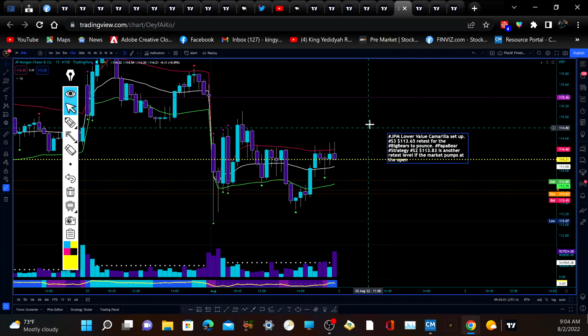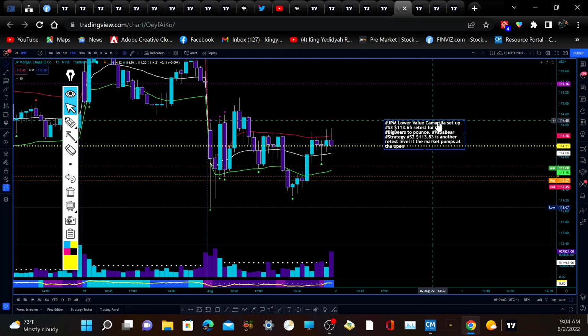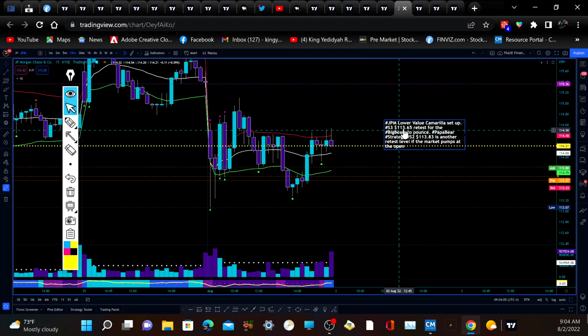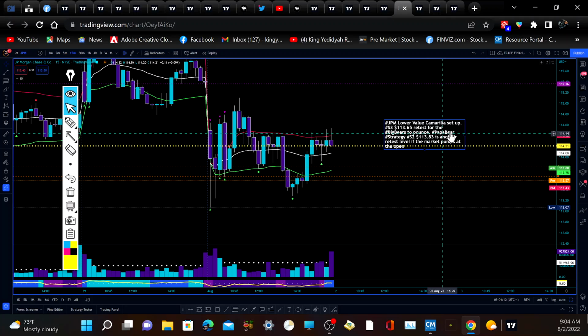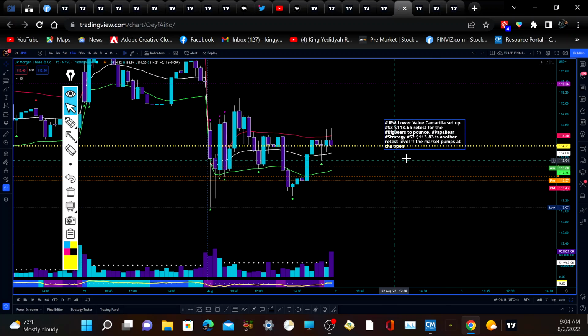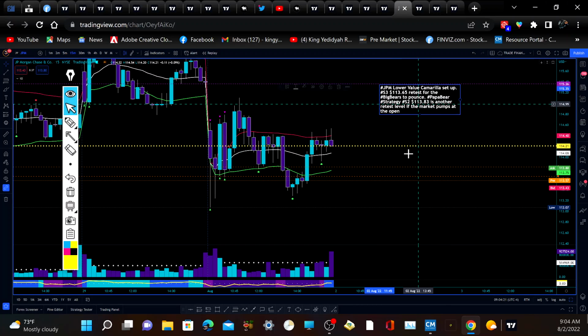Right, so I have my plan right here. JPM lower value Camarilla setup. S3 113.65 retest for the short, Papa BS strategy. Possible S2 retest at 113.83 is another retest level if the market pumps at the open. So I have some levels set here.